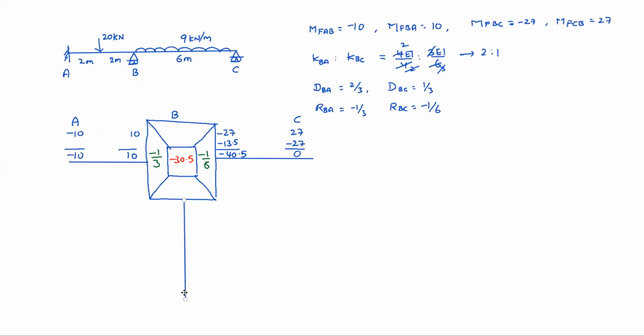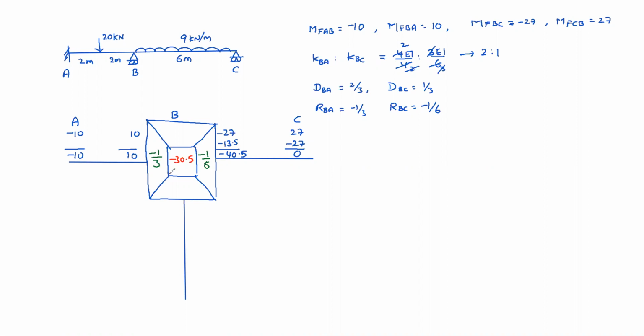Okay. Now for BA span, minus 1 by 3 into bracket open minus 30.5. See near end, I mean plus far end, summation of far end. 2 far ends are there, A and C. Right now, no far end contributions, right?